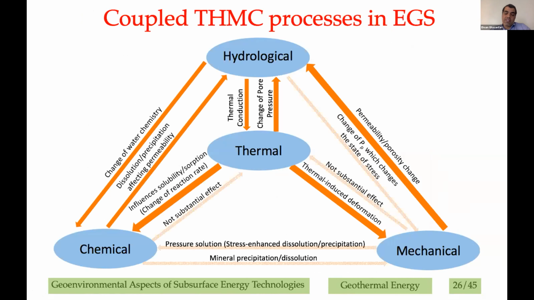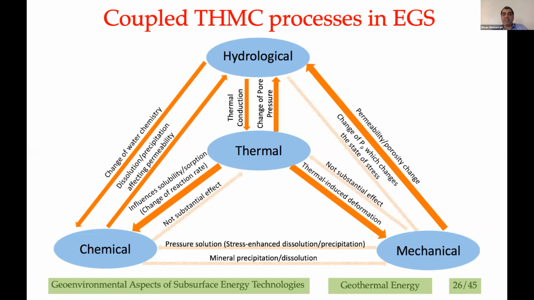Now, as you can imagine, when you inject fluid in the EGS reservoir, we're dealing with coupled thermal, hydrological, mechanical, and chemical processes. These processes are interlinked, and the links between hydrological, thermal, mechanical, and chemical processes are stronger in some senses, and in some areas they're weaker.